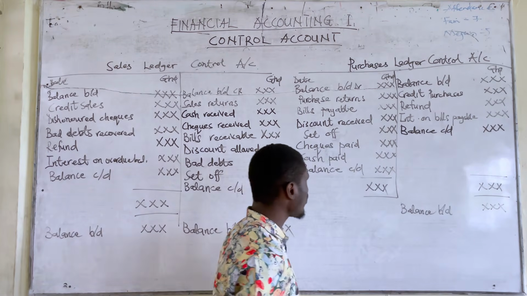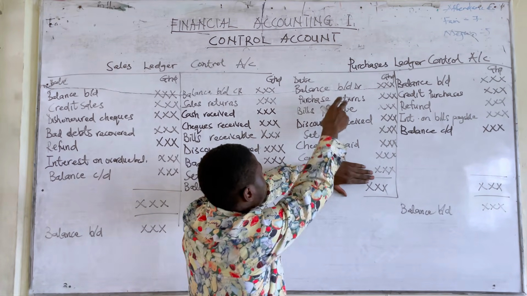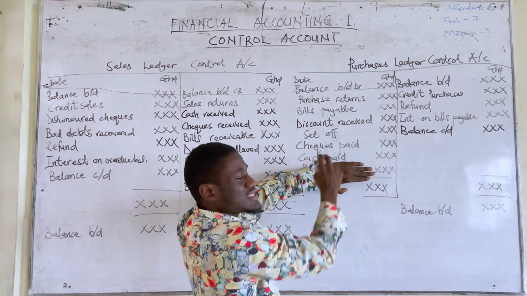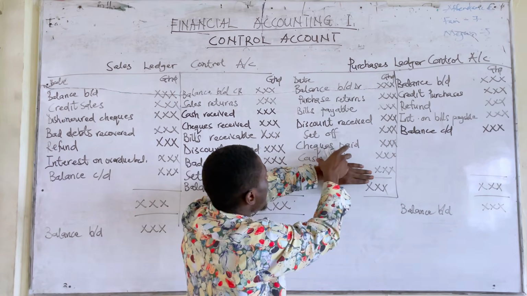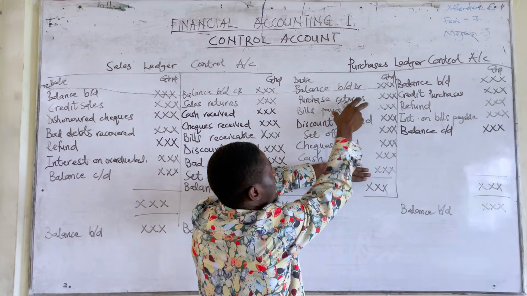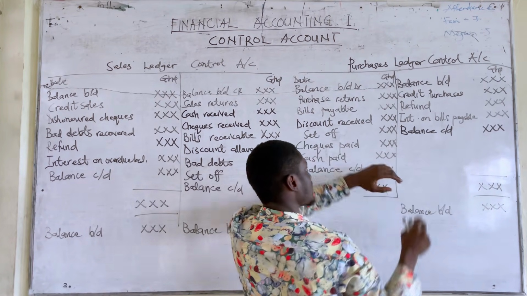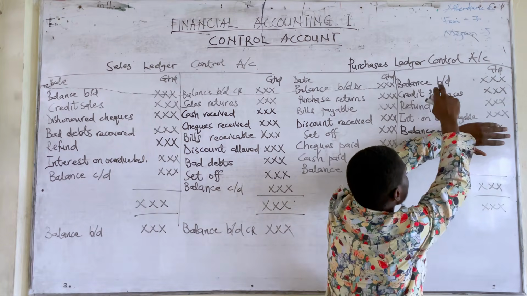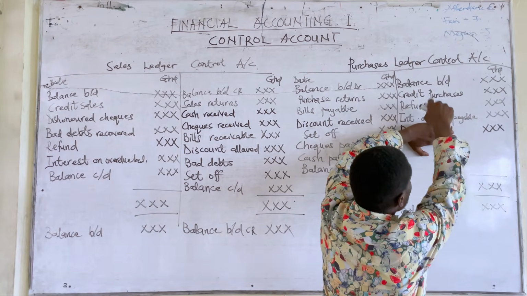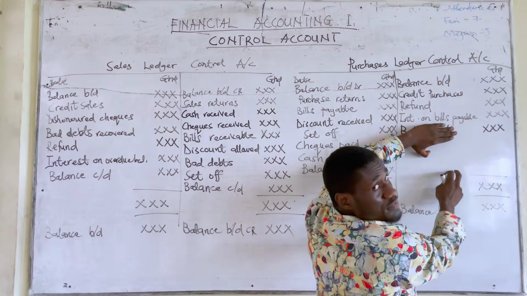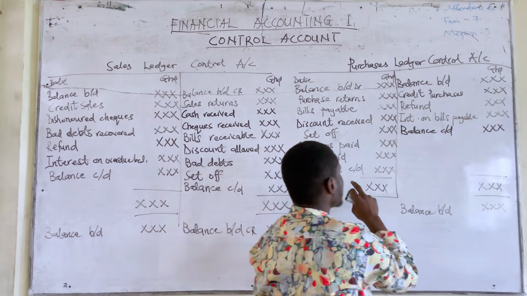So we will first of all calculate even before getting the balance. If we add all these up and we see that this place is greater than this place, then our balance will be here. But if we add all these up and we see that this place is greater than this place, then our difference will be here.